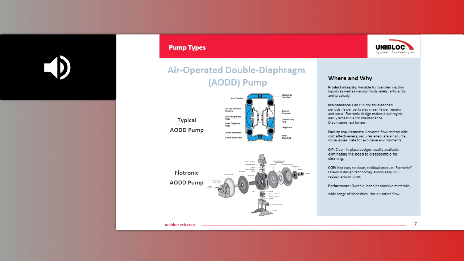Traditionally, in a figure 8 AODD, you cannot truly CIP the pump because the maximum inlet pressure on that pump is around 10 psi or 1 bar in some cases. So you can't flush the pump with a separate CIP supply pump because they would generate a pressure over that capability of the pump. On the Flowtronic pump, there are features that can be added.